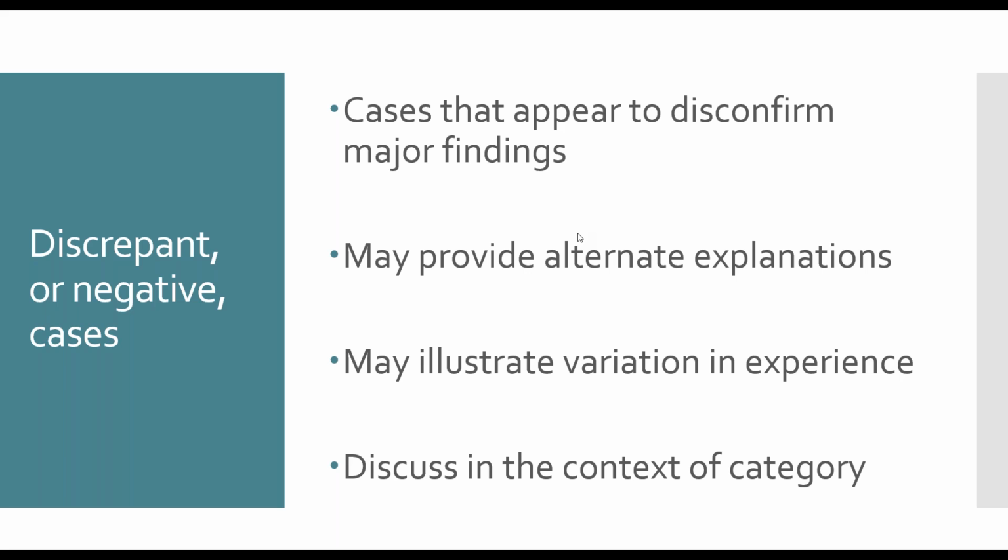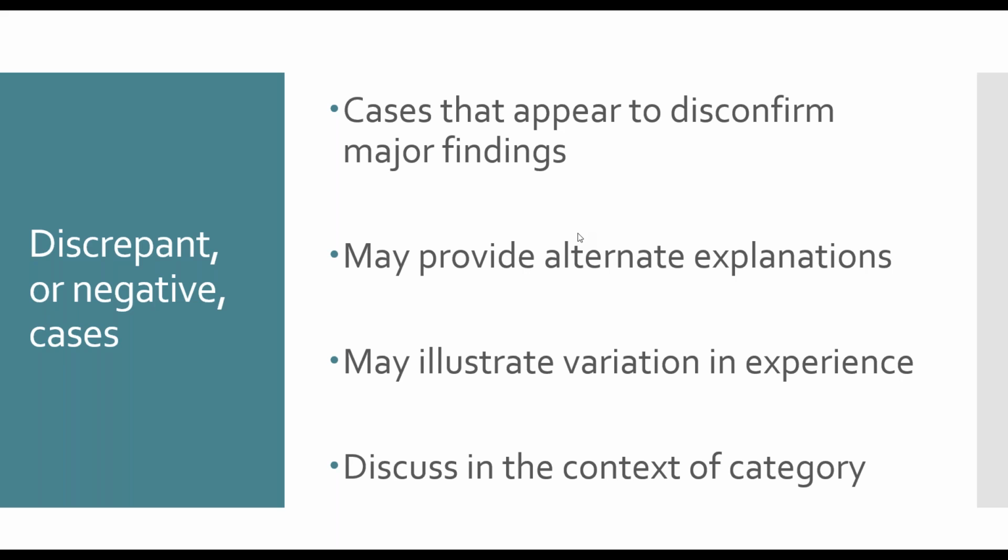Okay, so while it might be the case that you have one participant who is totally different in every single way from your other participants, it's not likely. And so it might be the case that they fit within the pattern of most of your other themes or your other categories that you've identified, that you've generated.